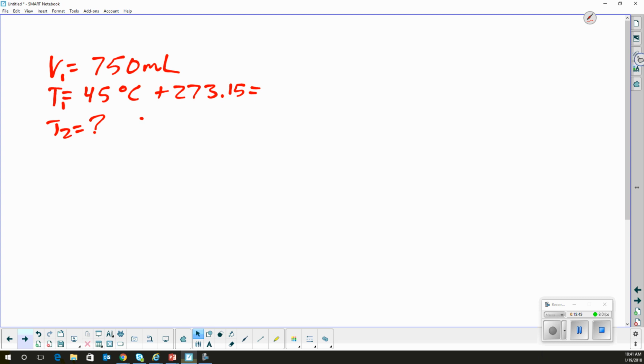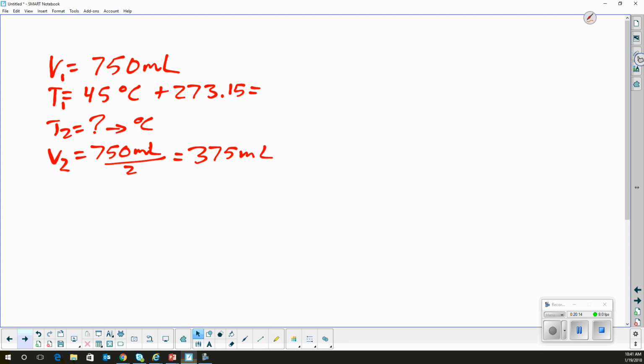It wants it in degrees C, so I know I'm going to have to convert it after. Would the gas have a volume half as large? So volume 2 is 750 milliliters divided by 2, which would be 375, right?